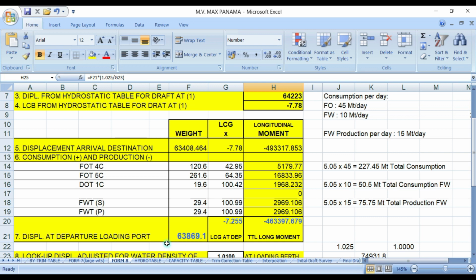So this will be your displacement at Australia, and this total will be your total longitudinal moment. So this total longitudinal moment divided by your displacement, you will have an LCG of negative 7.25. Okay.